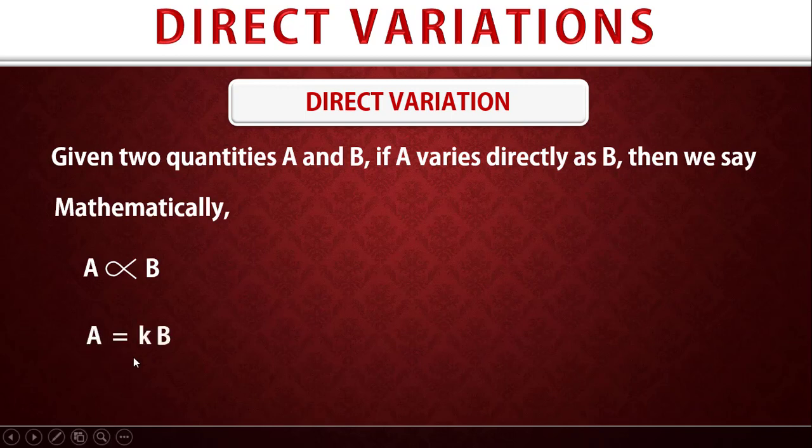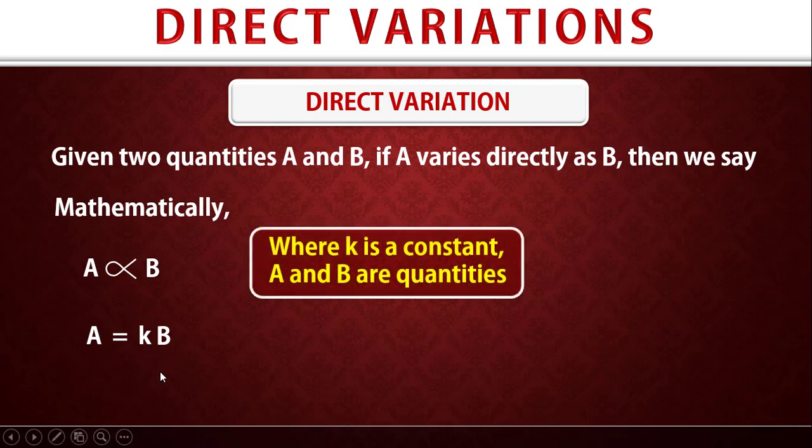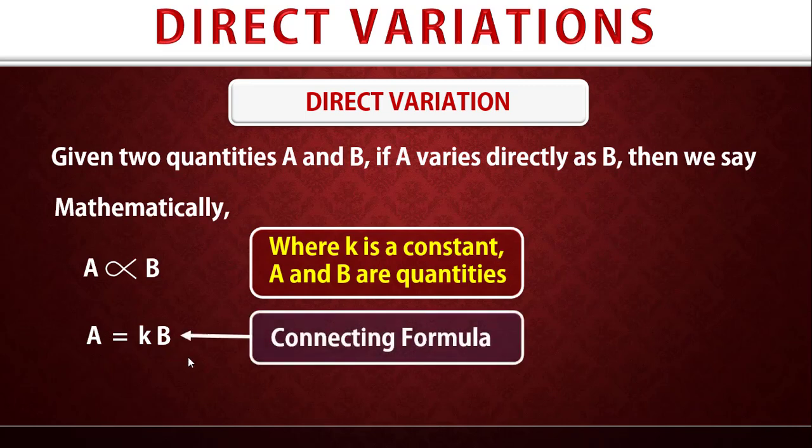This simply means A equals K times B, where K is a constant and A and B are quantities. This A equals KB is called the connecting formula, or sometimes the connecting relationship.